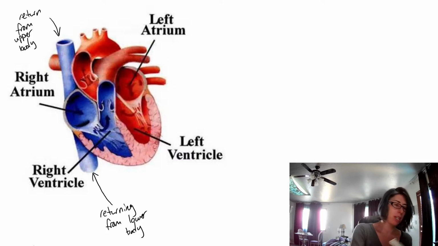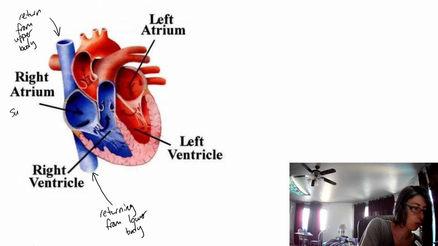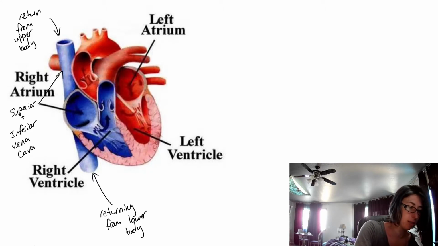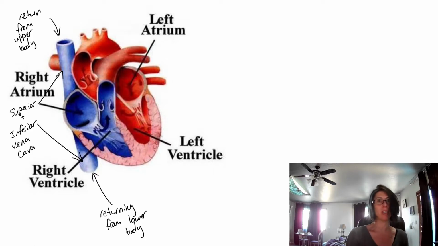The names of these are the superior vena cava and inferior vena cava. So this is the superior vena cava, this is the inferior vena cava. Superior is high, inferior is low.